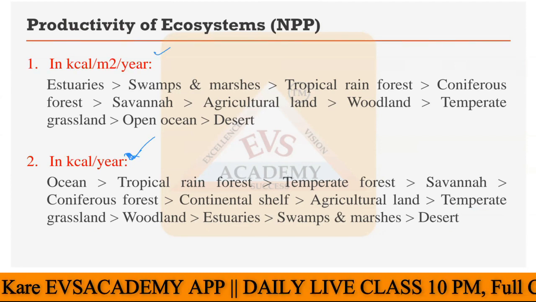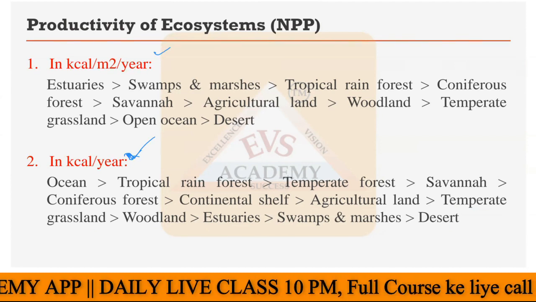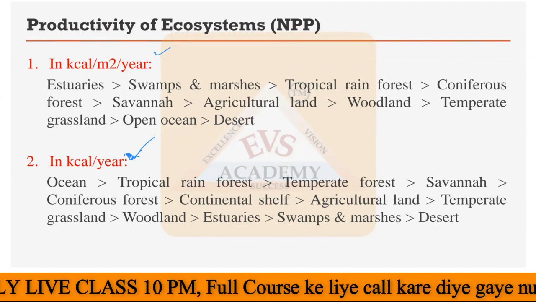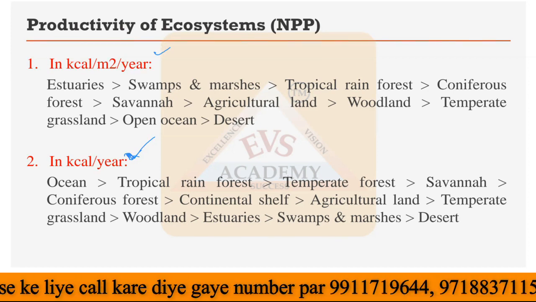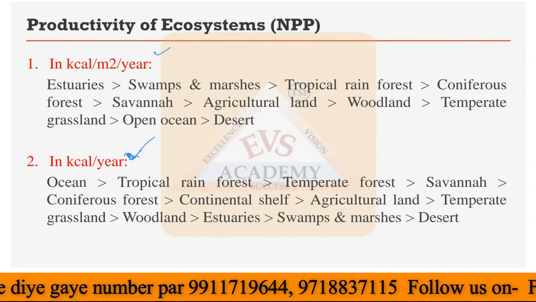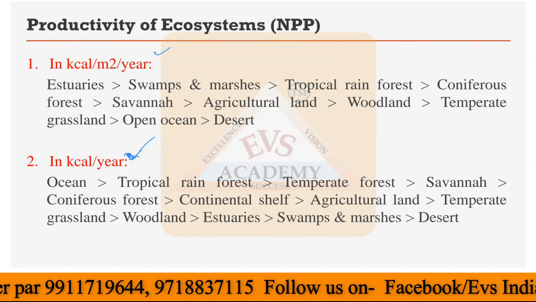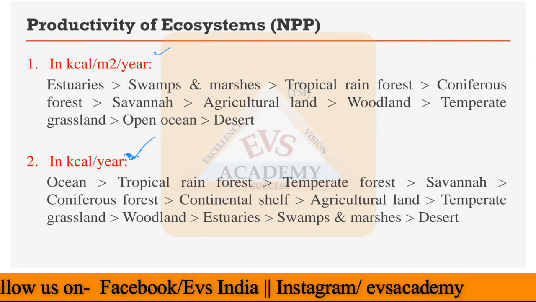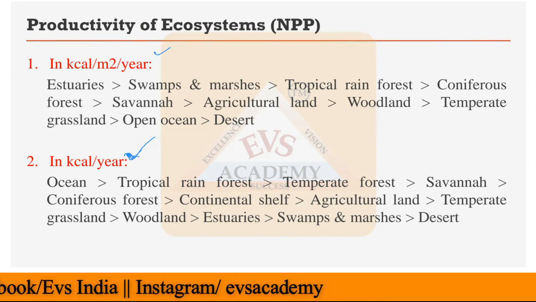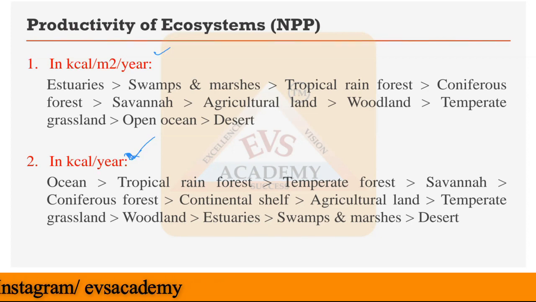Last time, they asked a question on arranging the productivity of ecosystems, but they forgot to provide the unit. So they had to cancel that question and provided bonus marks to us. But if they ask you, they will provide the options based on the provided unit. So the unit is very important in such questions.